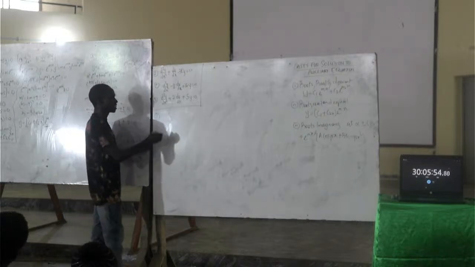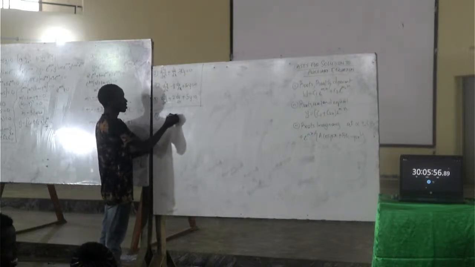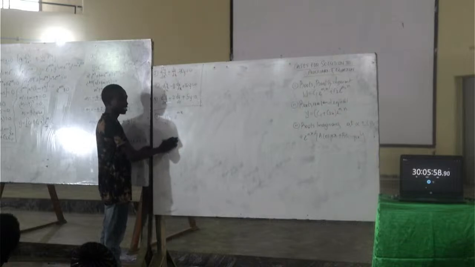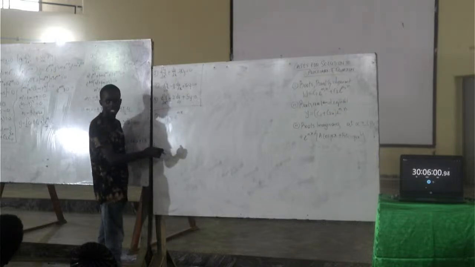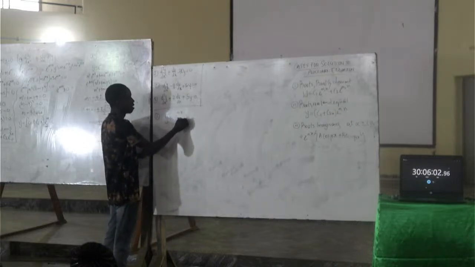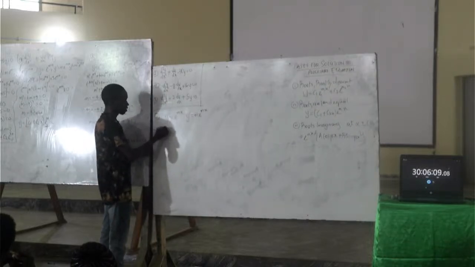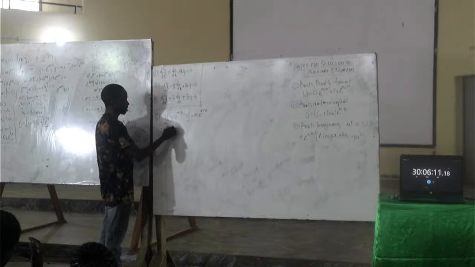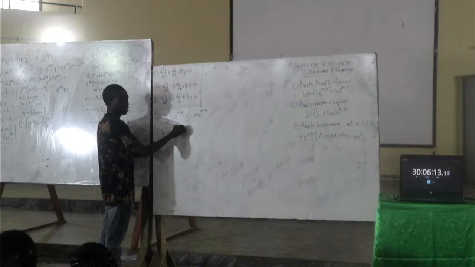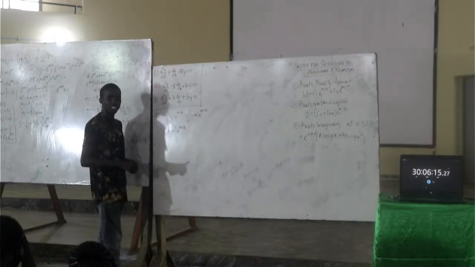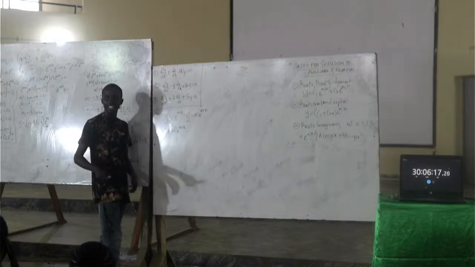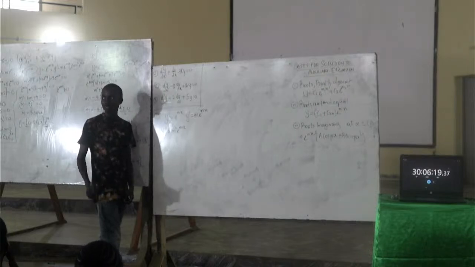So first thing is that y is equal to what? Exponential mx. Then the next step is what? y prime equals what? m exponential mx. Next one equals what?